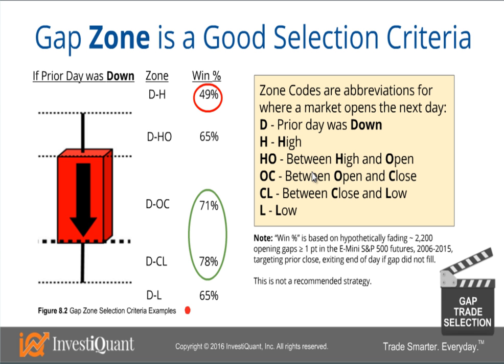If a gap doesn't fill on a given day, I think you've only got about a 20 or 25% chance of it filling the subsequent day. That means odds are 75, 80% chance it's going to continue in the direction of the gap, which I know a lot of you are swing traders. When you see those unfilled gaps, absolutely, you want to be thinking the swing bias, at least for the coming days, is away from that unfilled gap.